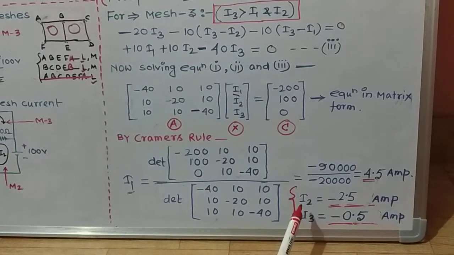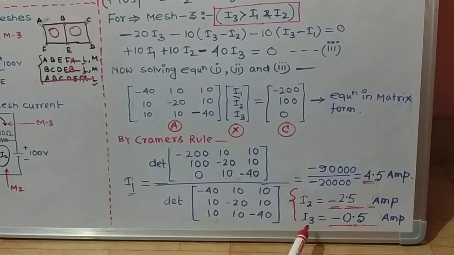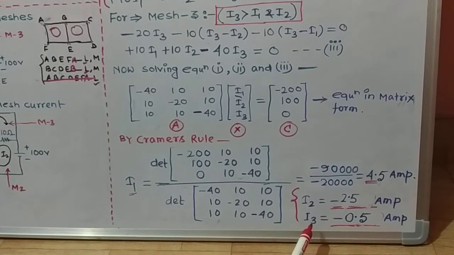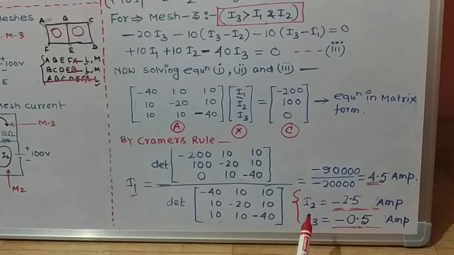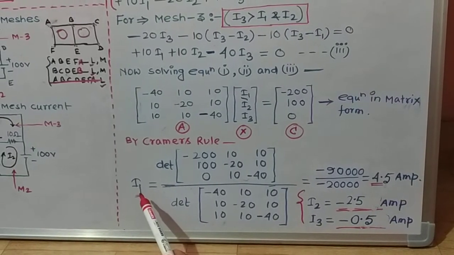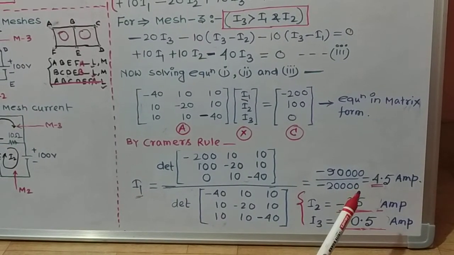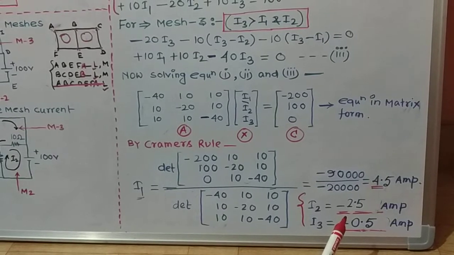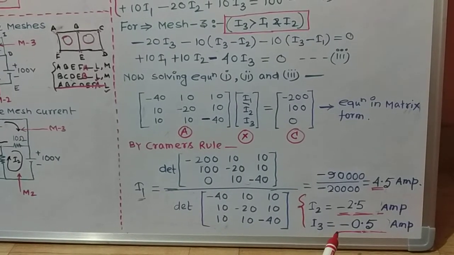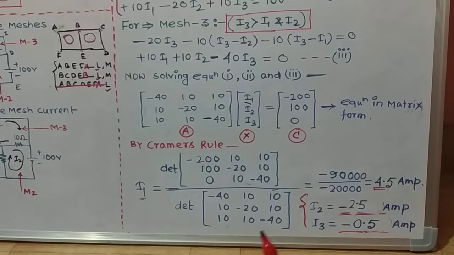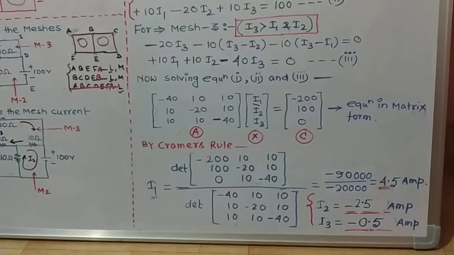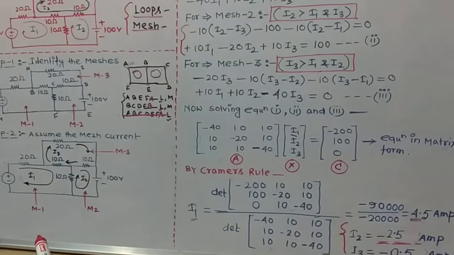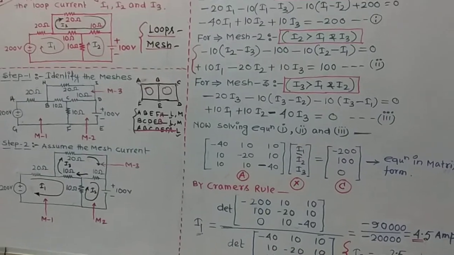You will get I2, and similarly I3 you can also easily get. So this is your answer, the loop currents: I1 is equal to 4.5, I2 is equal to minus 2.5 ampere, and I3 is equal to minus 0.5 ampere. So this is your question number 5. Thank you very much.